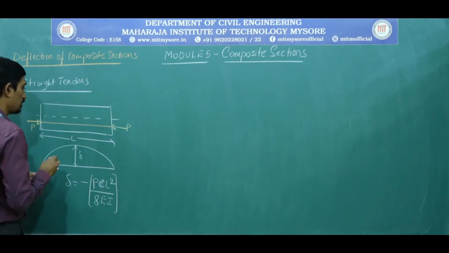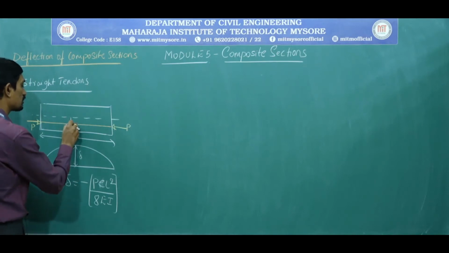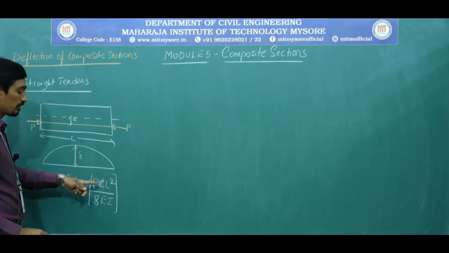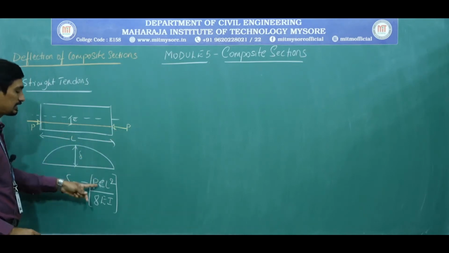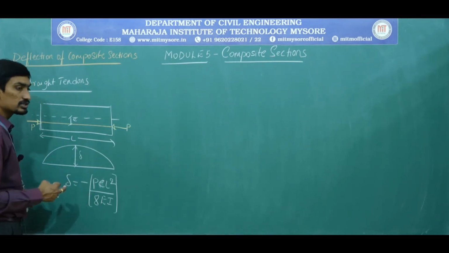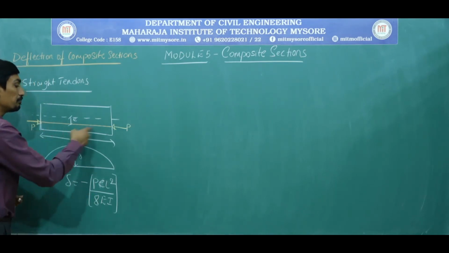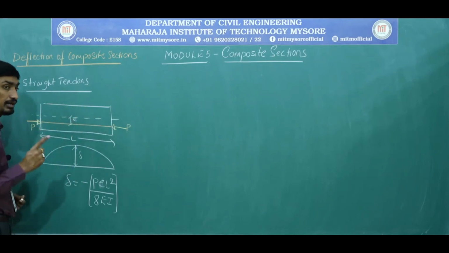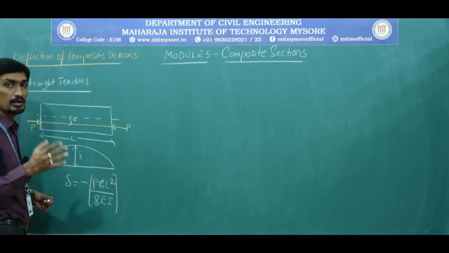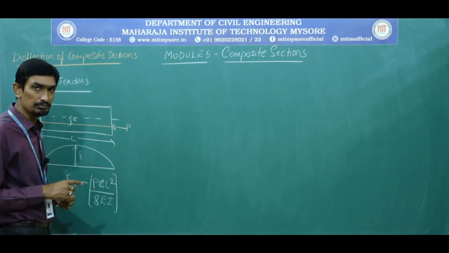Let me mark the eccentricity also. So this is eccentricity. P is the magnitude of the pre-stressing force, e is the eccentricity, L is the span, and E is the modulus of elasticity of the precast pre-tension beam. Please note this point.